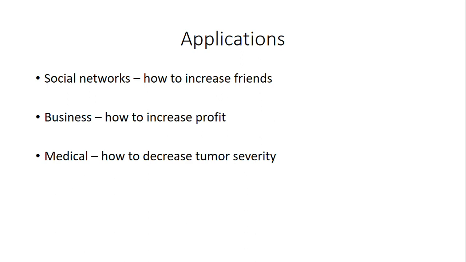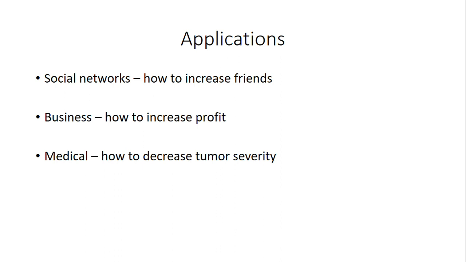So like this, there can be a lot of applications for action rules. In social networks, if we want to know how to increase friends count for a particular user, action rules would help a lot.